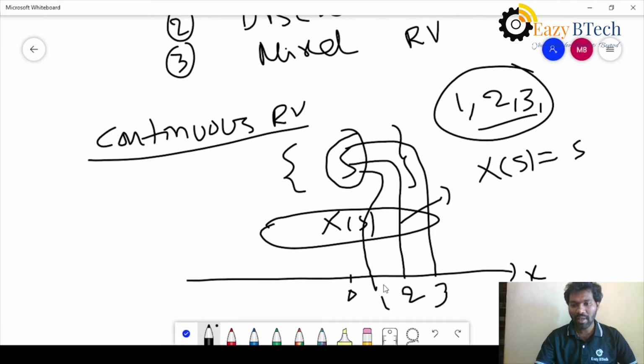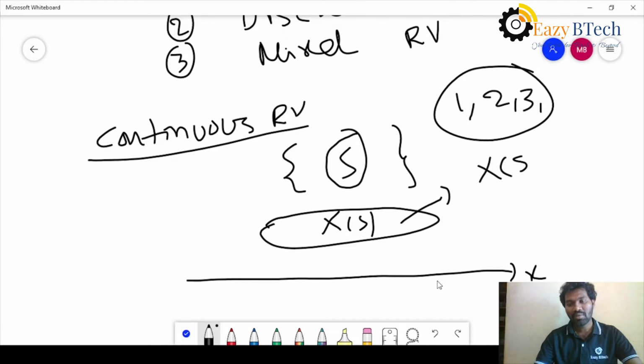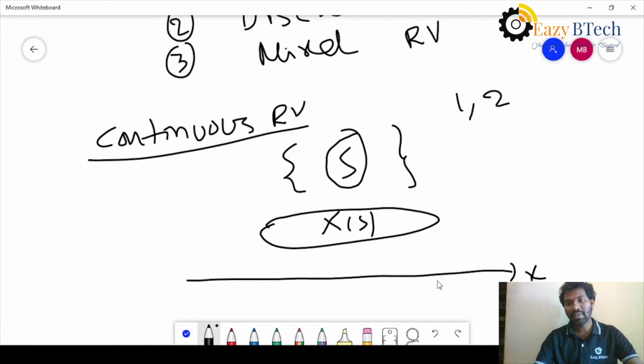Why? Because here the values are discrete on the real axis, so we should consider the real axis itself. The values on the real axis must be continuous, so you should define the sample space in a continuous manner.